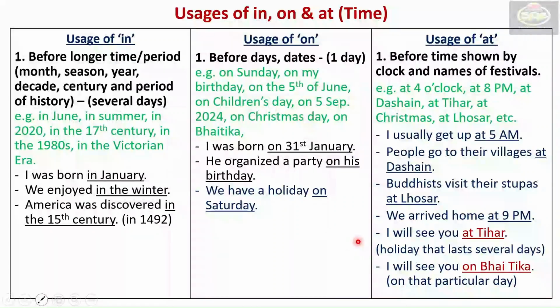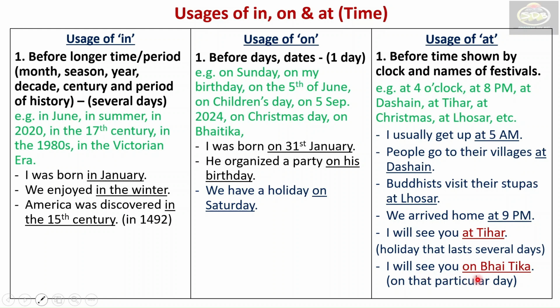And one thing that we have to know is we use at before the name of festival that denotes a holiday which lasts several days. Example: I will see you at Tihar. Tihar consists of many days, 5 days. But another one is Bhaitika. Bhaitika is just a day of Tihar.